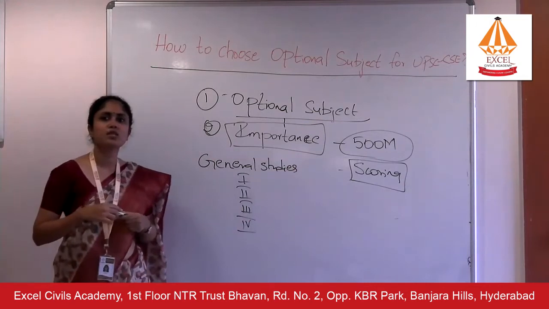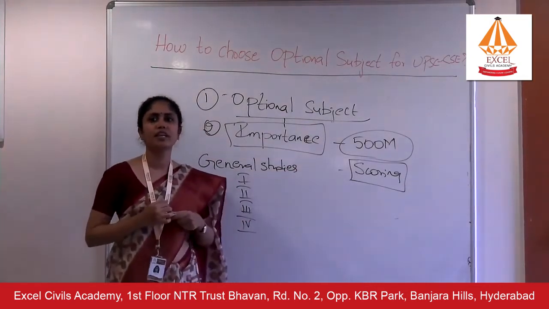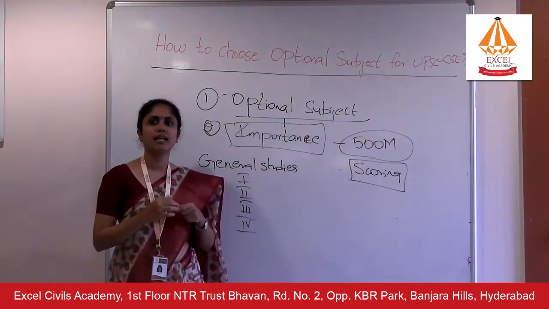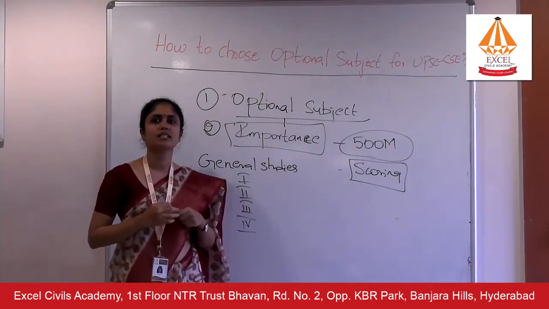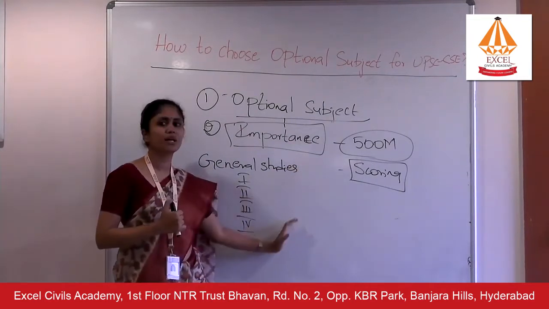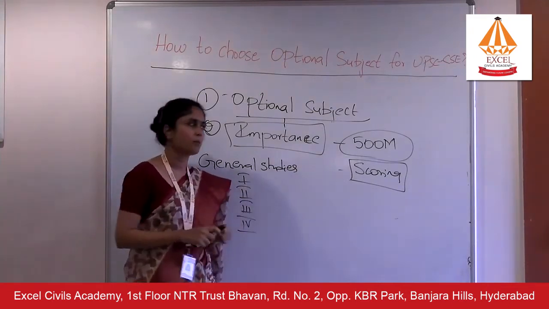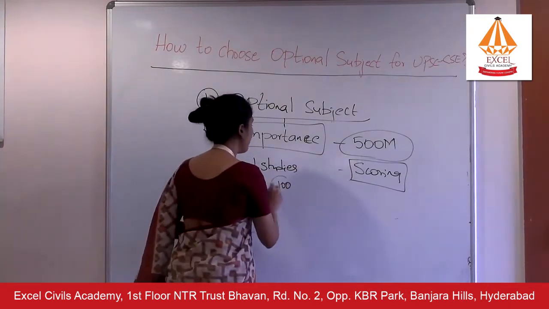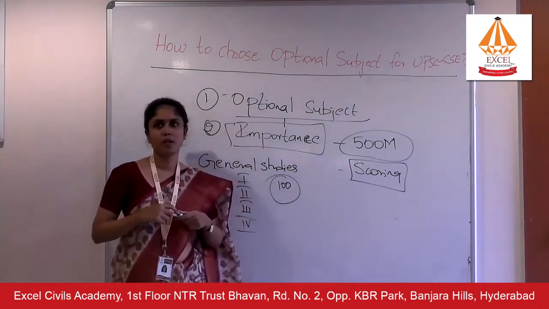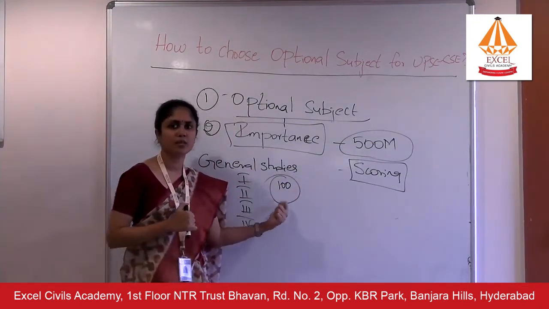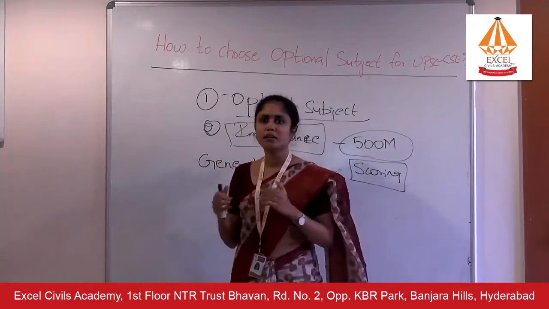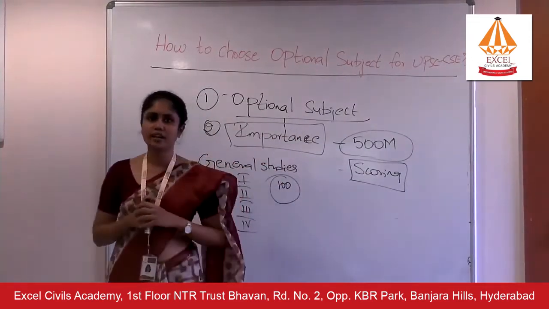If you look at the marks which toppers get every year, or the candidates whose names are seen in the final list, most of them get average marks in all these 4 general studies papers. That will be somewhere around 100 marks. You will not find much of a difference between these marks among different candidates who are finally recommended.